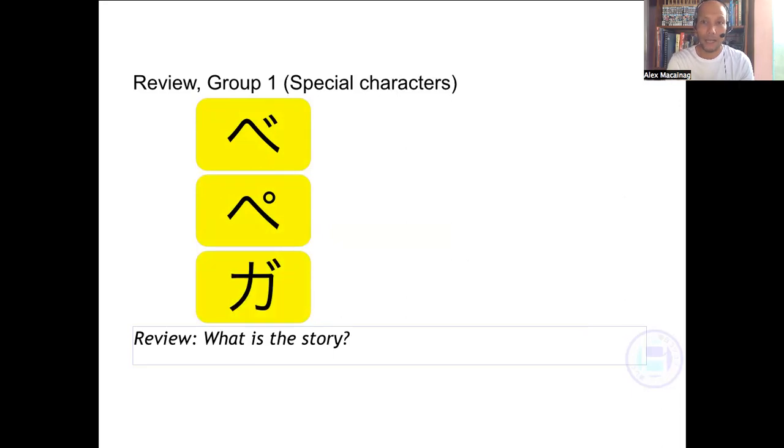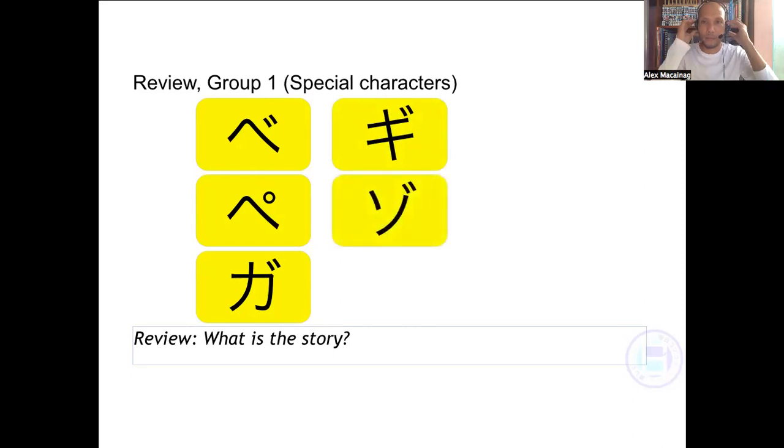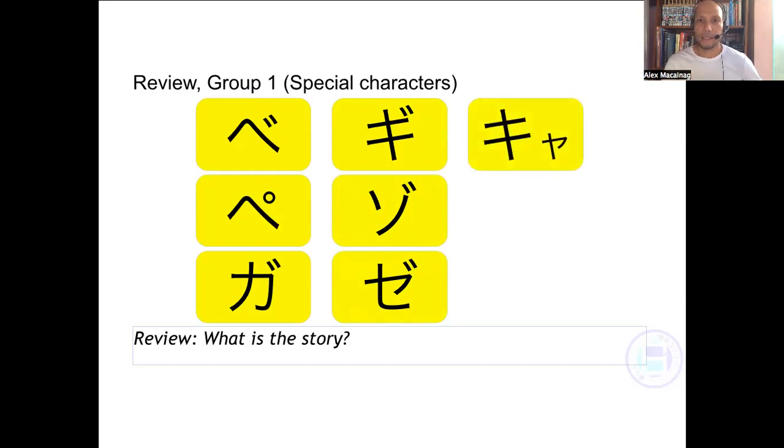Hai, ga desu ne. This is ga. What is this? Sou desu ne, gi. What is this? Sou desu ne. This is zo. What is this? Sou desu ne, ze. What is this? Hai. So, ki plus small ya. If you remember, it becomes one syllable.